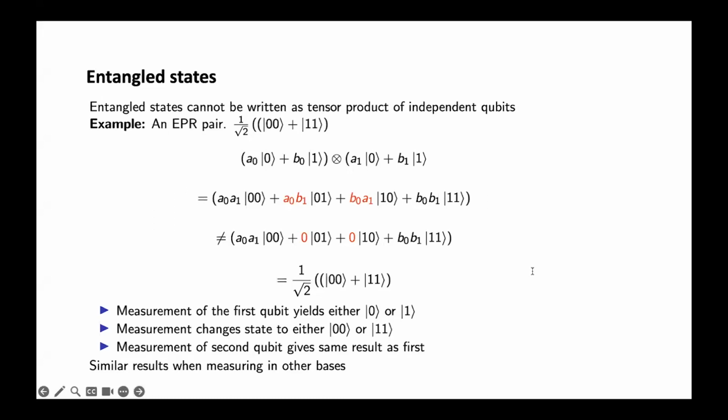If you do a measurement of the first qubit, then typically you get either 0 or 1. The measurement changes the state to either |00⟩ or |11⟩. Measurement of the second qubit gives the same result as the first. This combination of the two things, that the measurement changes the state to either |00⟩ or |11⟩ and then you measure again, and the second qubit gives the same result, is something that confused Einstein a lot.